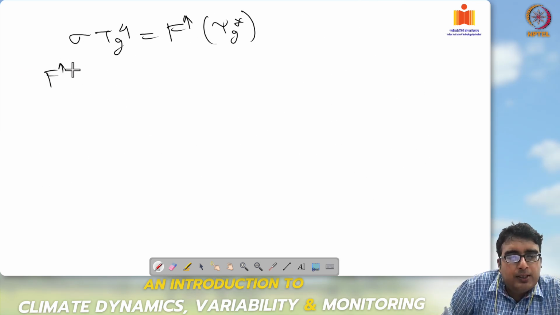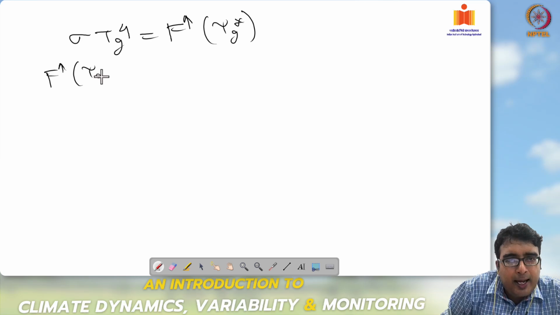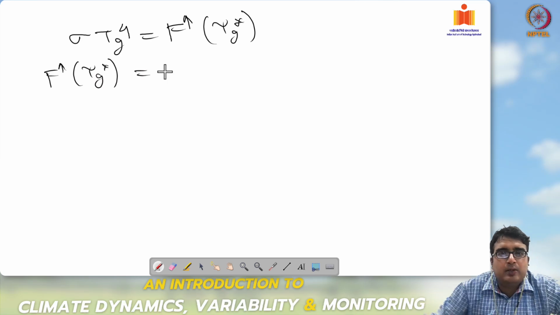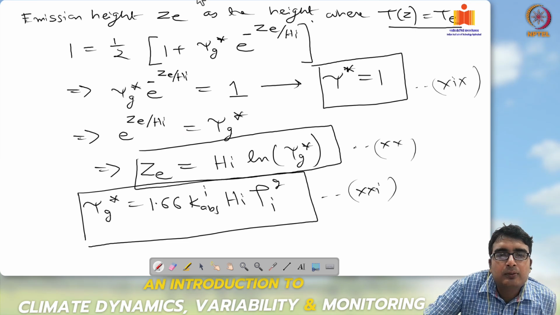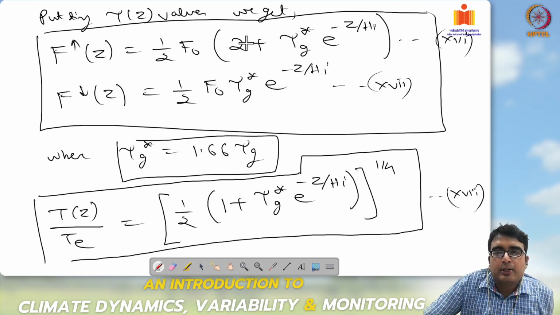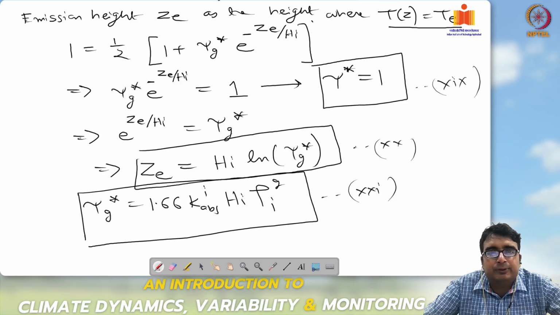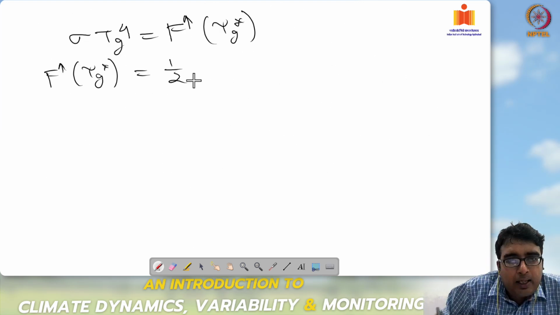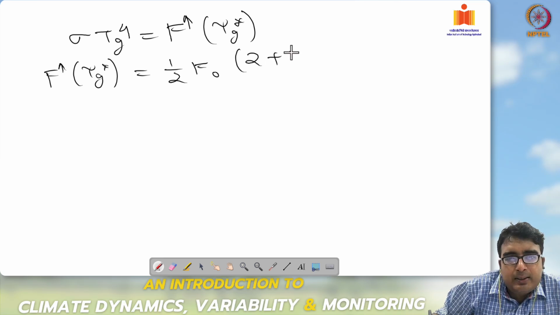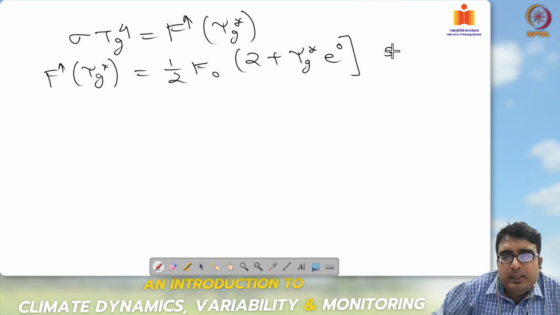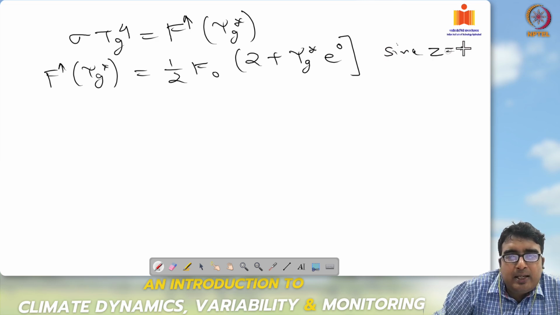F upwards at Tg star is equal to, if you look at this expression here, 2 plus Tg star, this expression is 0. Okay. So half F0 2 plus Tg star e to the power 0, since Z equals 0.